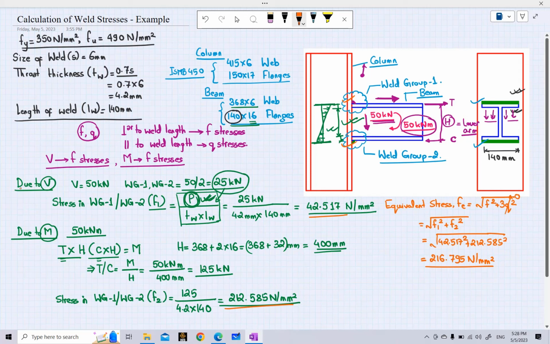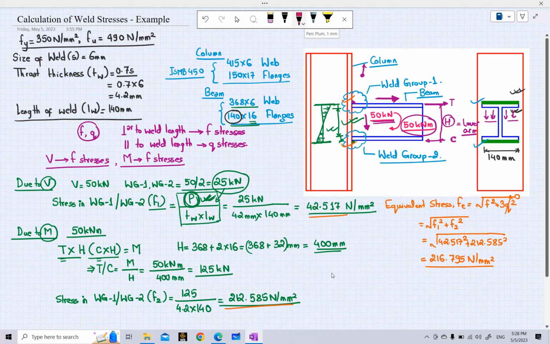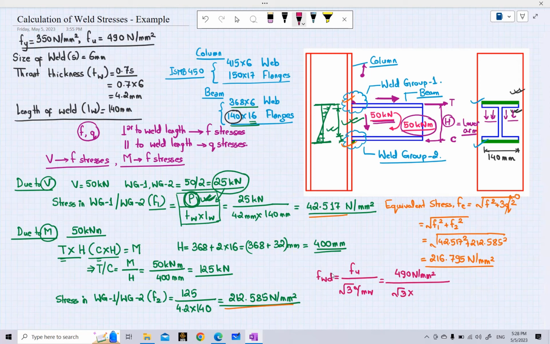Now before finalizing the solution, we have to check whether this equivalent stress is less than or equal to the permissible design stress. To do that, we will calculate the permissible design stress or the permissible weld stress by the formula Fu over root 3 gamma mw. So the Fu value we have 490 Newton per millimeter square, root 3 into the partial safety factor for shop welding, which is 1.25.